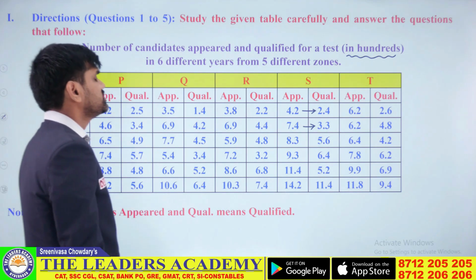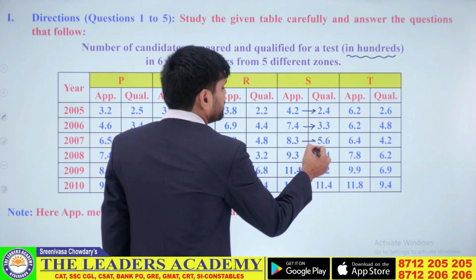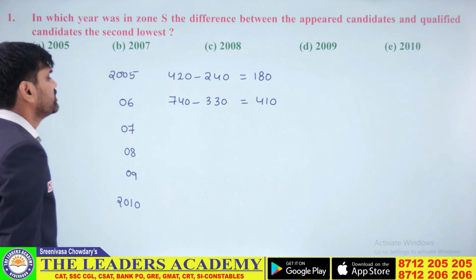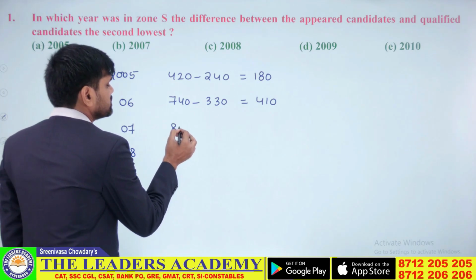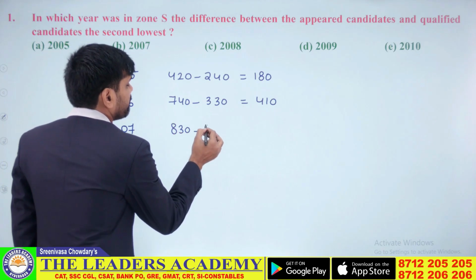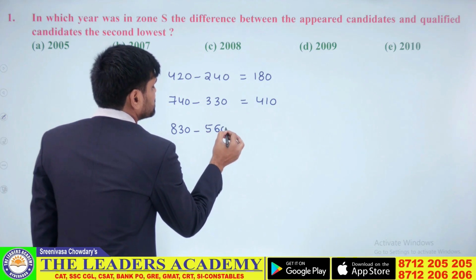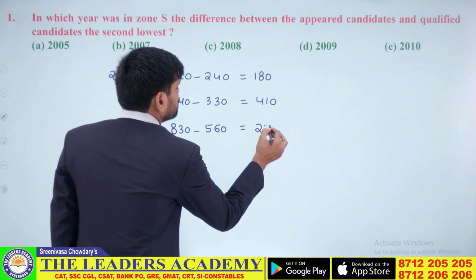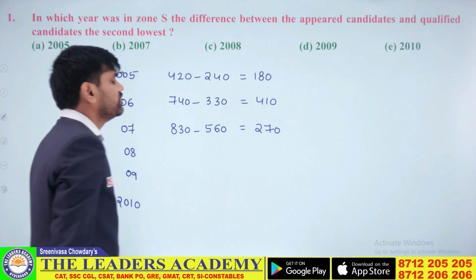Next, 2007. 830 minus 560 will give you how much? 270.